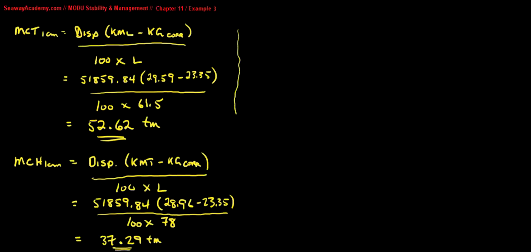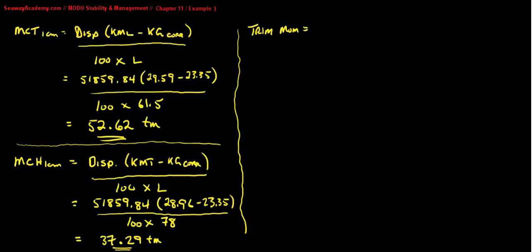Now next, we'll calculate the trimming moment and heeling moment. So the formula for your trimming moment is the trimming arm times the weight. Your trimming arm is the distance between your longitudinal center of buoyancy and the longitudinal center of gravity.